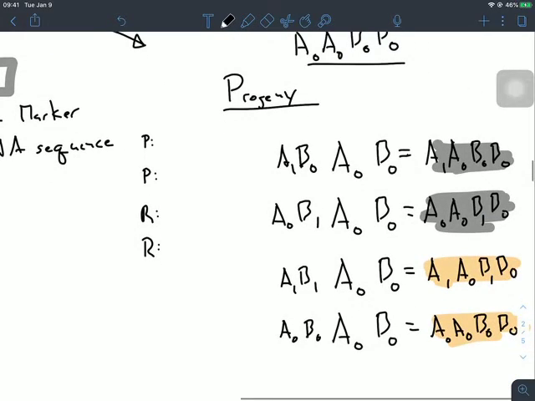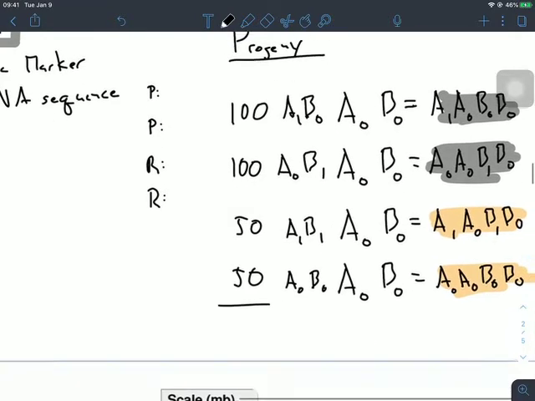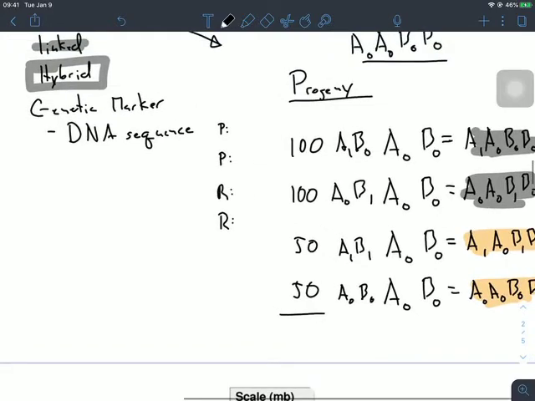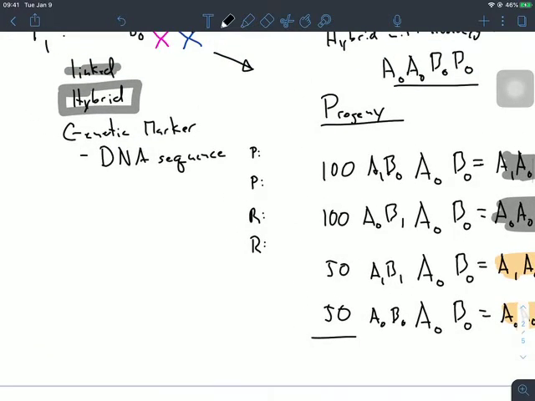we then can look at the frequency of progeny made. So let's go ahead and say that I had 100 of these, 100 of these, 50 of these, and 50 of these. So, if I want to calculate my recombination distance, what I'm going to have to do is put my number of recombinants over the total.